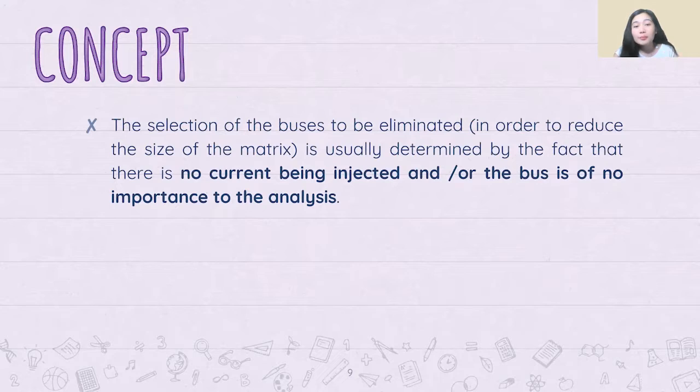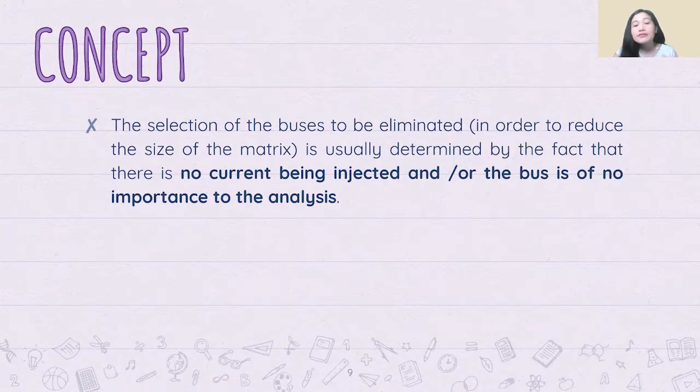So, purpose nun, bakit natin kailangan i-reduce yun? Ano yung property ng part of the matrix, or property ng buses, or property of an element of a circuit ang kailangan for it to be considered of no importance to the analysis? Meaning, it has to be eliminated when there is no current being injected. But of course, there are some exceptions.